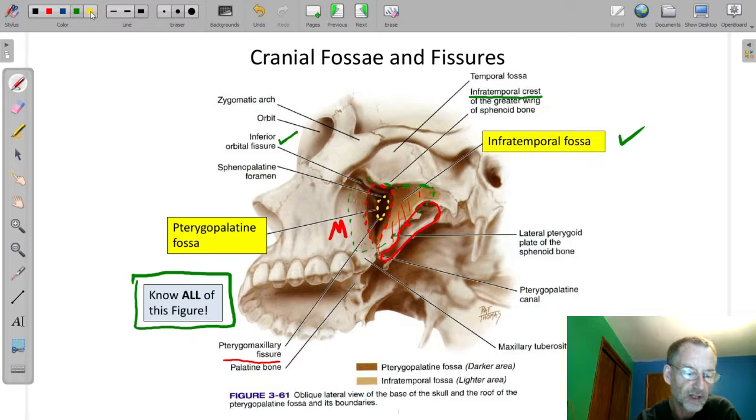So there is a passageway to communicate back and forth between the inferior orbital fissure and this pterygopalatine fossa. We'll be spending more time on that, so don't worry about it too much yet. Then we also have the sphenopalatine foramen.